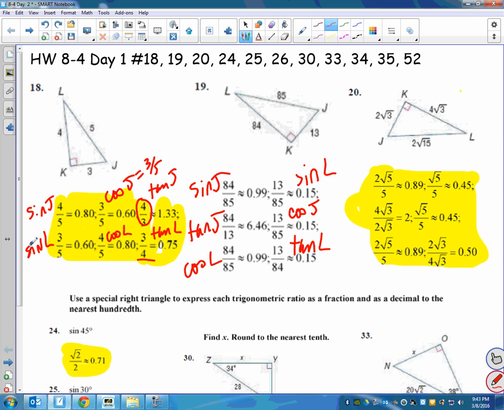I'm not going to do all of these because obviously I'm a mess, so I'm just going to ignore this and do my own. If I did the sine of L, sine would be opposite of L, which would be 2 square root of 3, over the hypotenuse, which would be 2 square root of 15. The 2's cancel out.